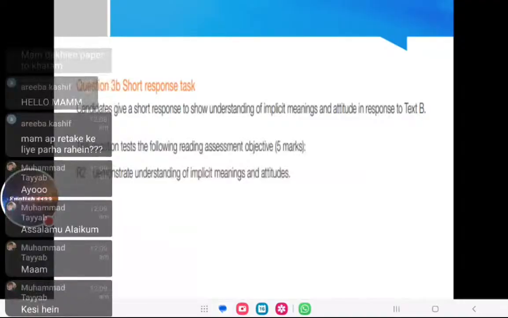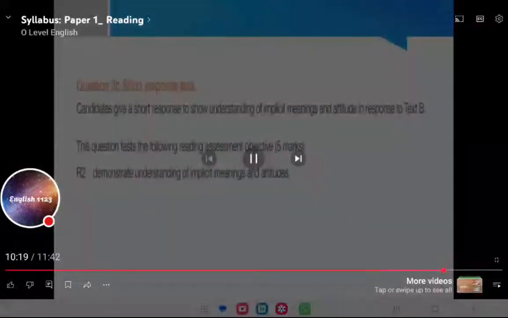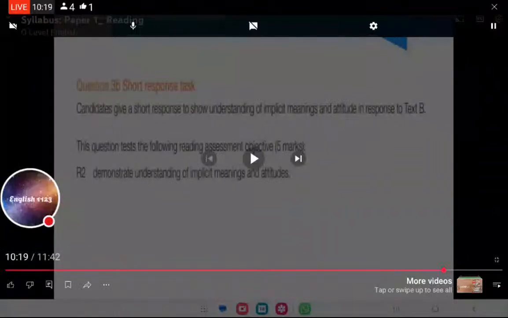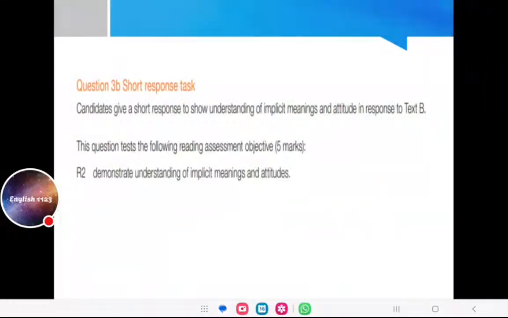So students have to read and then infer the meanings themselves, and then write their answer on the basis of what they have understood, something that was written between the lines, something that was hidden in words. They need to understand it themselves and then come up with their answer.